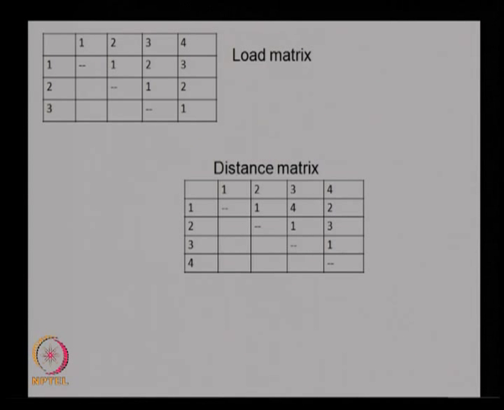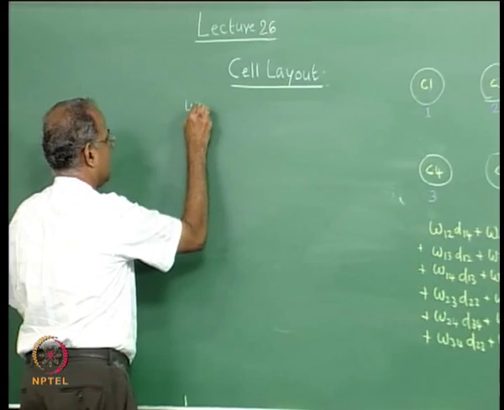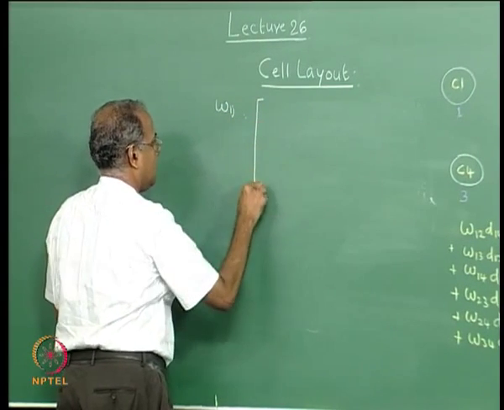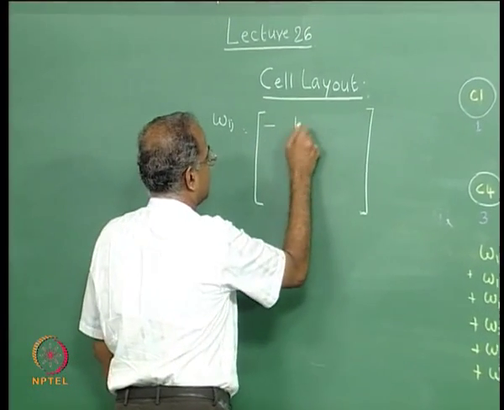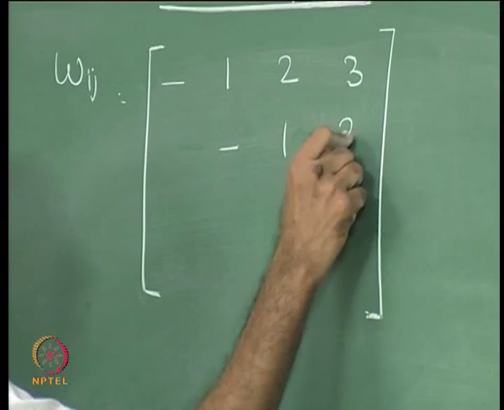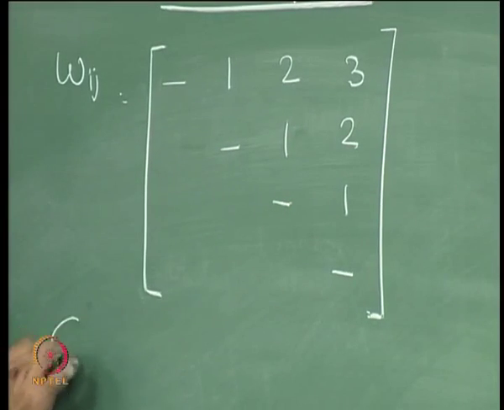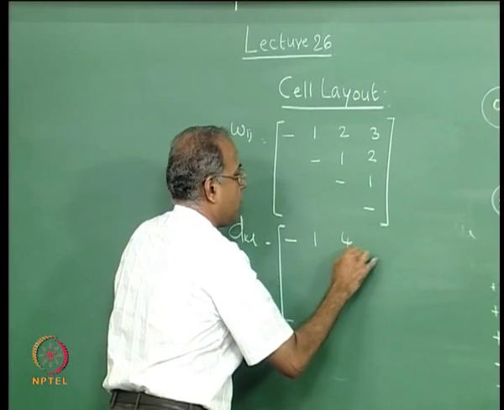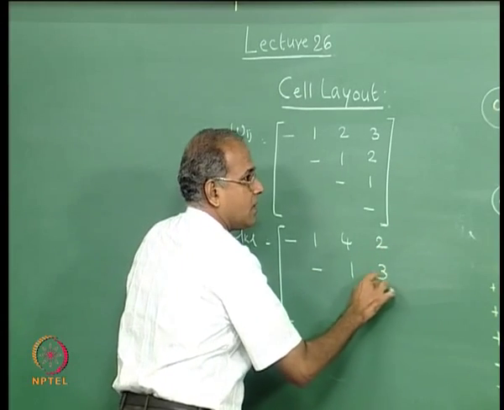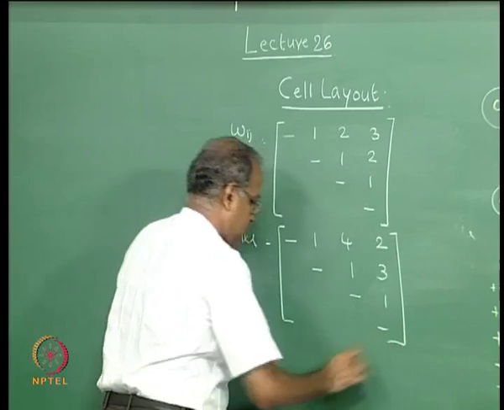The distance matrix is also a 4 by 4 distance matrix. So, Wij is 1 2 3, dkl is 1 4 2, 1 3.